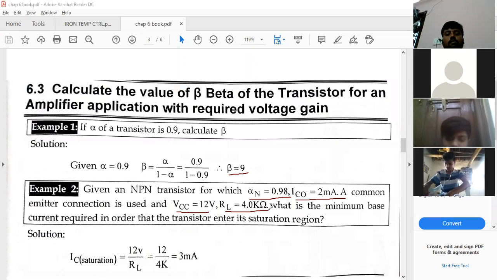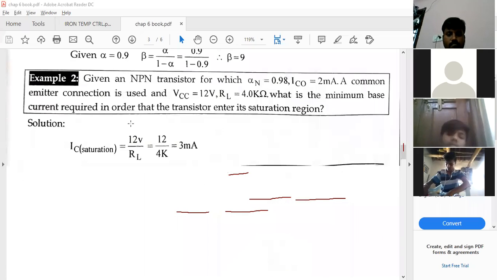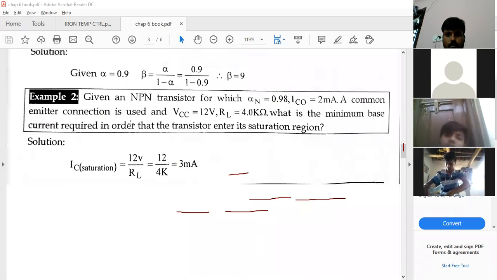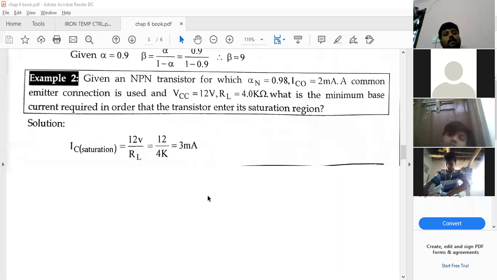So how to calculate the base current required? Let us see. We need to calculate the collector current IC first. Collector current IC equals VCC by RL.